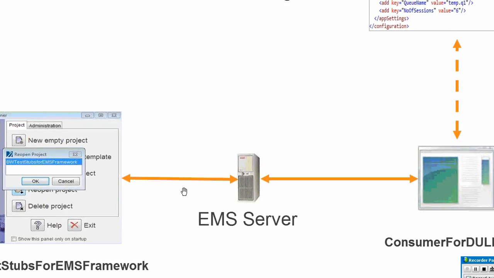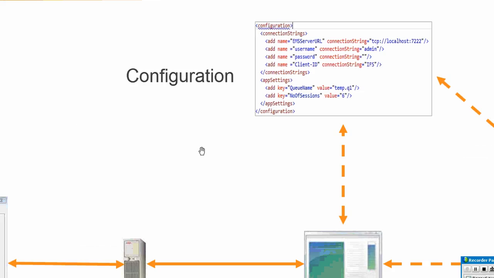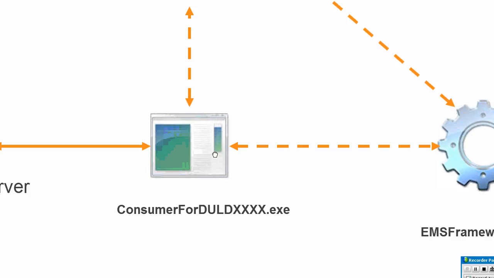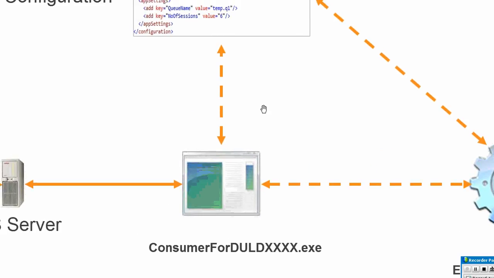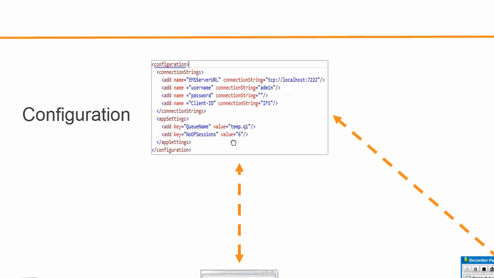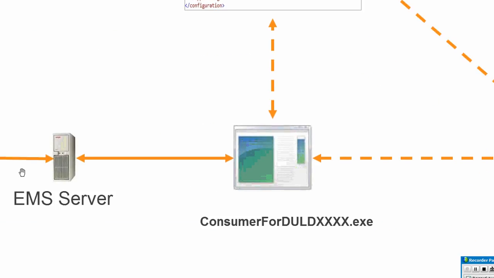This is the EMS server on which the consumers and producers will send and consume messages, and this is the configuration used both by the DLL and the consumer executable for connection, and these two parameters for the consumer are the number of sessions by this consumer.